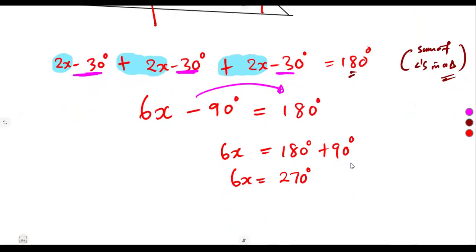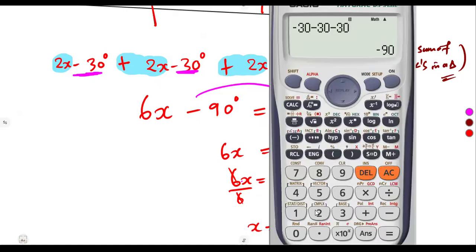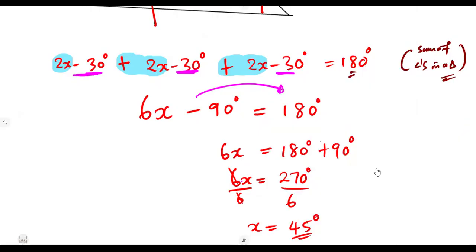As we can see, we've got a product. So simply divide by 6, both sides of the equation. So x was going to be 270 divided by 6. So that's 45 degrees, the value of x.